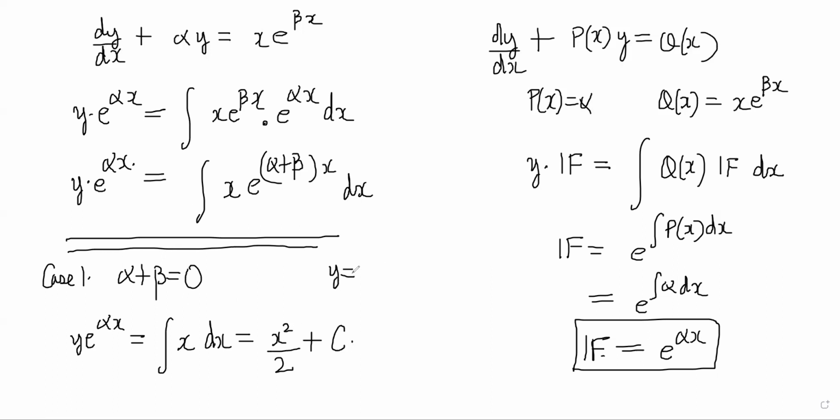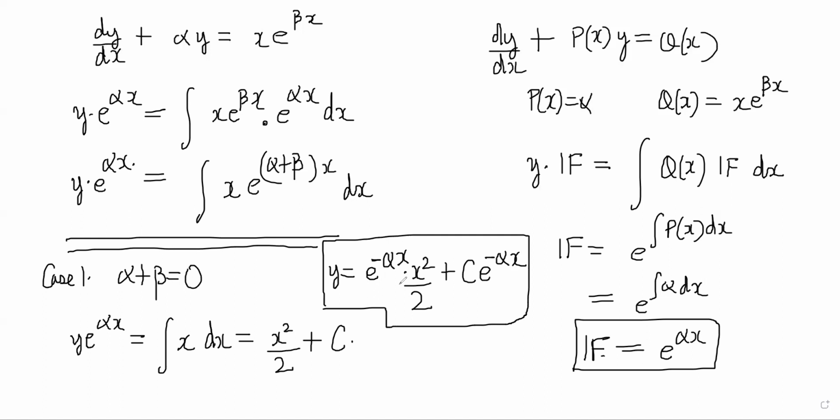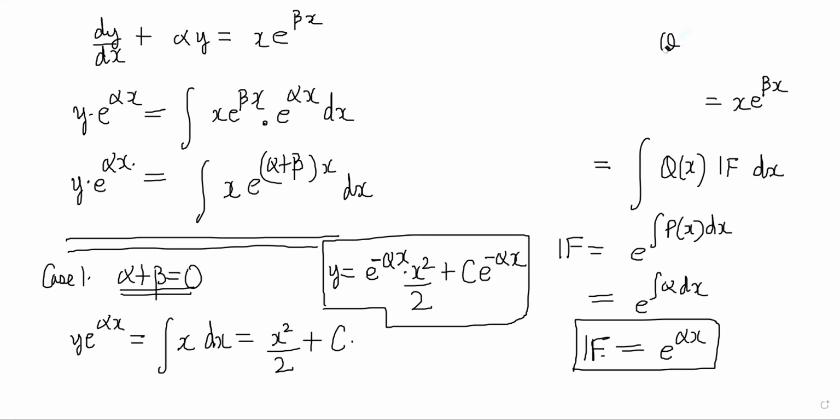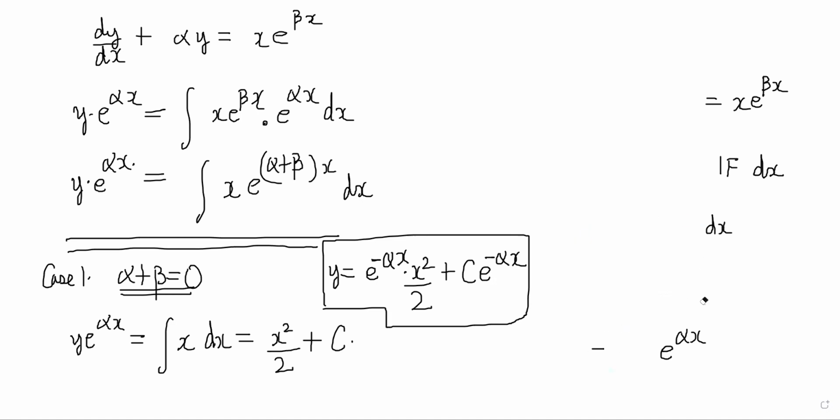Therefore y would be equal to e^(-αx) times x²/2 plus c e^(-αx). This is what is coming as the y solution in the case when α + β is equal to 0. Now, we know that the curve y passes through the point (1, 1). We know that y of 1 was equal to 1. That was given in the problem itself.